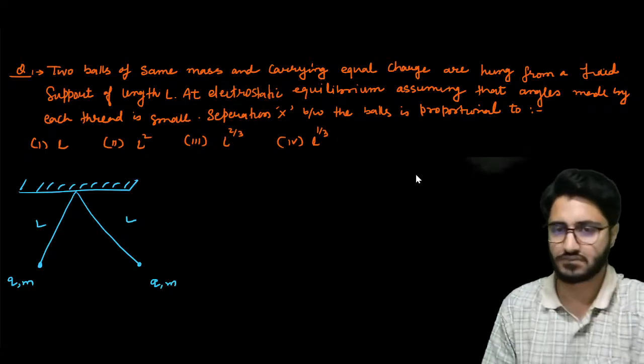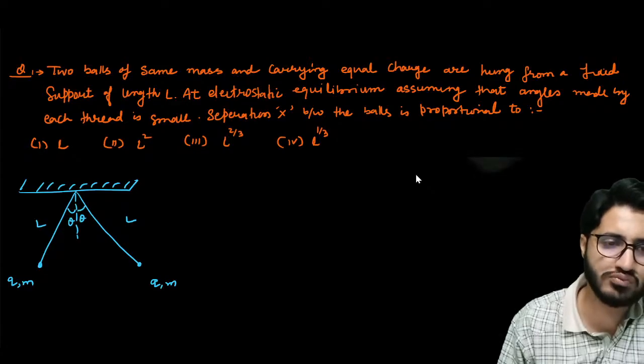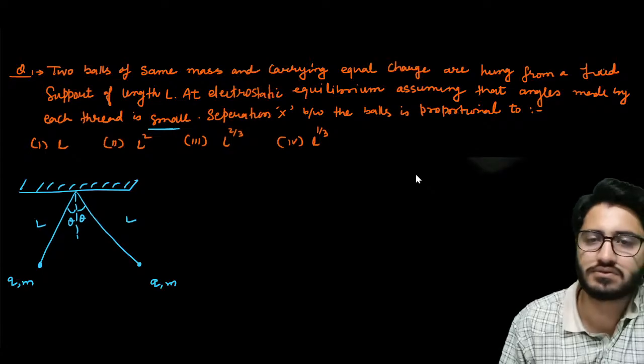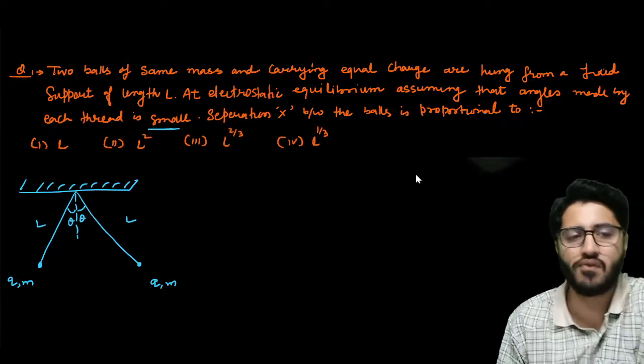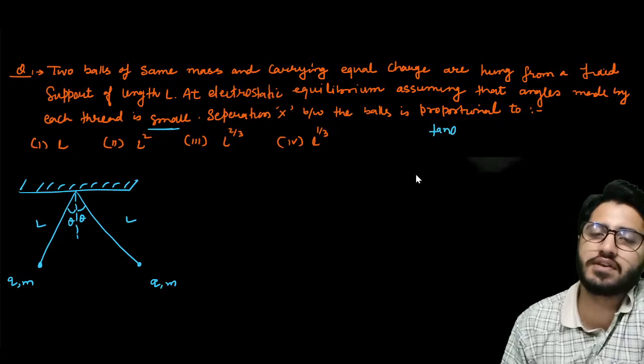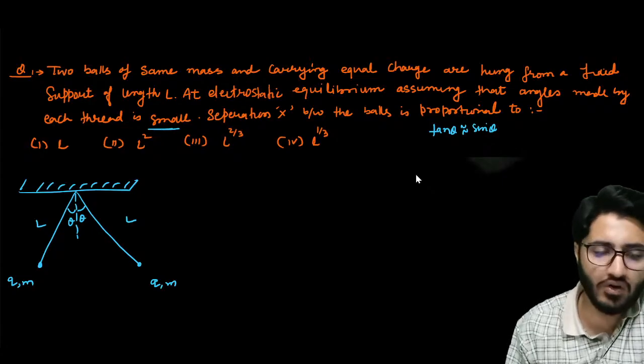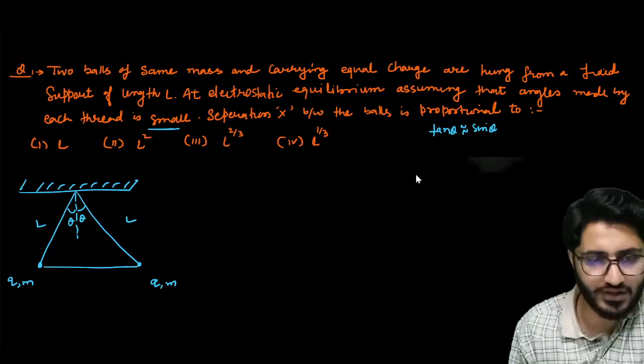Okay, angle is theta. Now we have small angles. Small angle means we have to use tan theta equals sine theta. Okay, separation x between the balls. Now this separation is x.